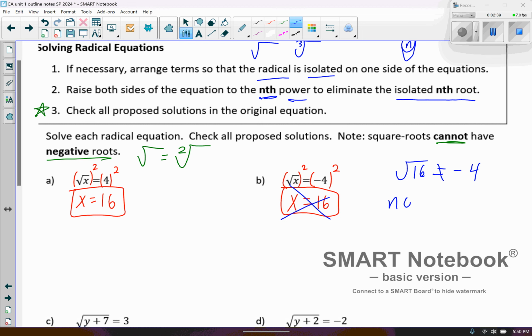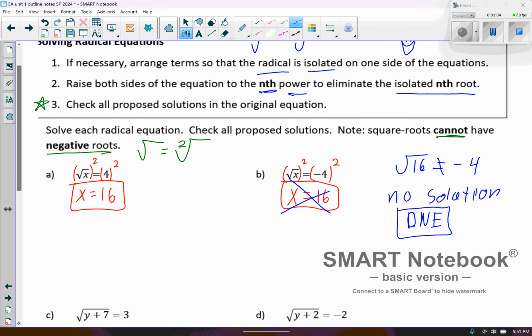So this one's going to be no solution. On your homework, a lot of times whenever they have no solution, they'll tell you to type DNE, which stands for does not exist. So just be aware of that.